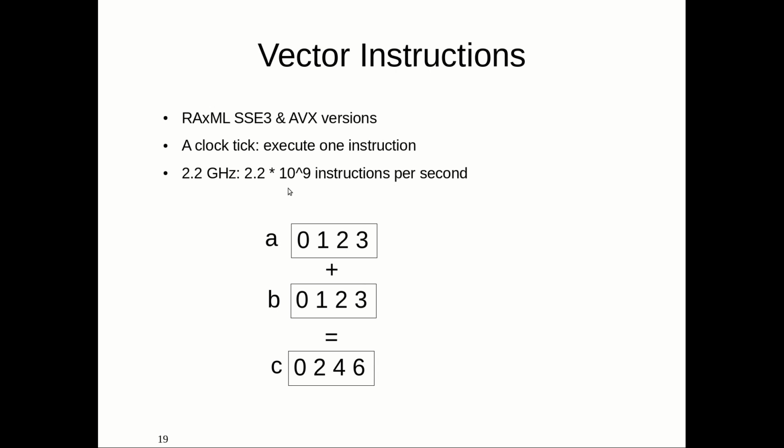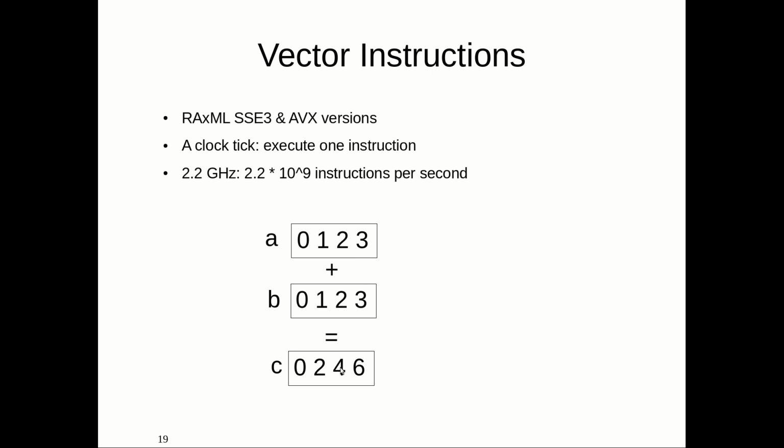Okay, so let's now consider how those vector operations work. Assume we have a vector A and a vector B that have elements 0, 1, 2, 3 and 0, 1, 2, 3, and that we want to execute an element-wise addition of those elements in the two vectors.